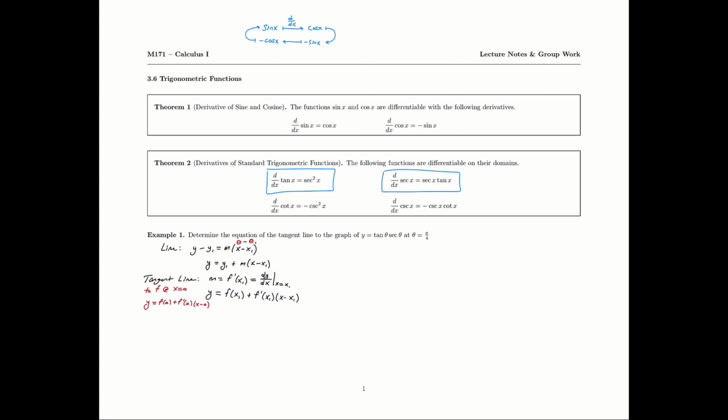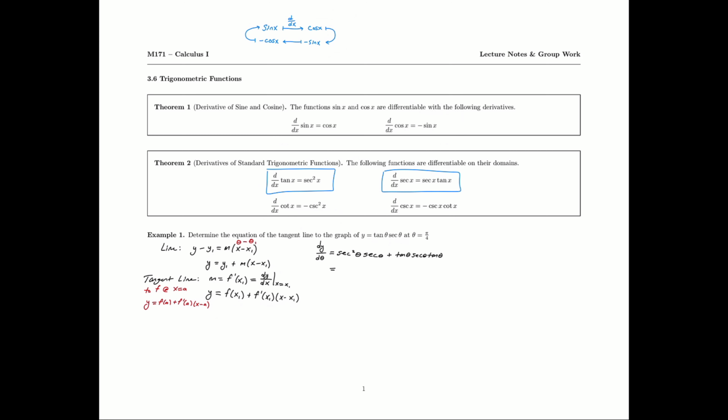So let's go ahead and take a derivative of this. So dy d theta, since theta is our independent variable, we've got a product rule. We've got two trig functions multiplied together. The derivative of tangent is secant squared theta times the second function left alone, which is another secant theta, plus our first function, tangent of theta left alone, times the derivative of secant of theta, which is secant theta times tangent theta.